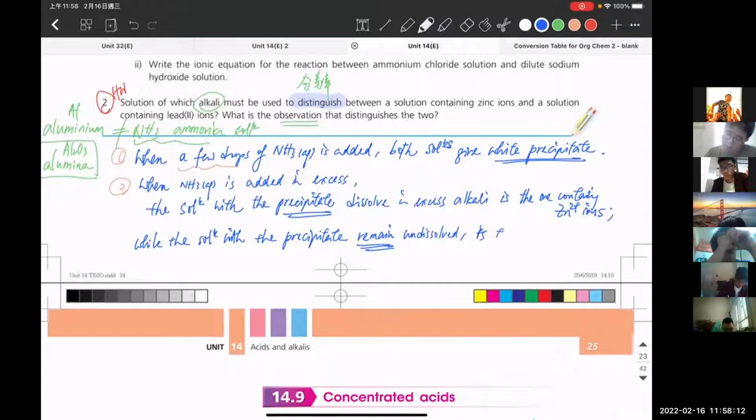This is the solution containing lead-2 ions. Okay, is that clear?